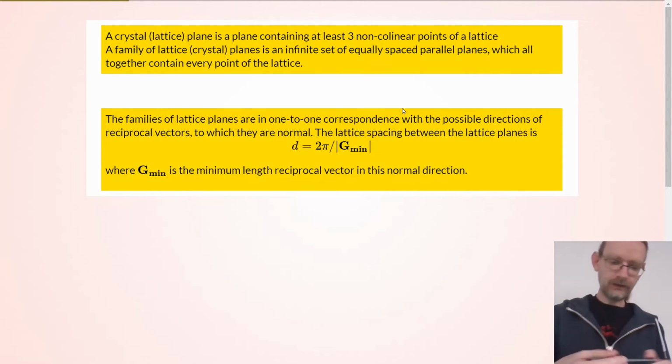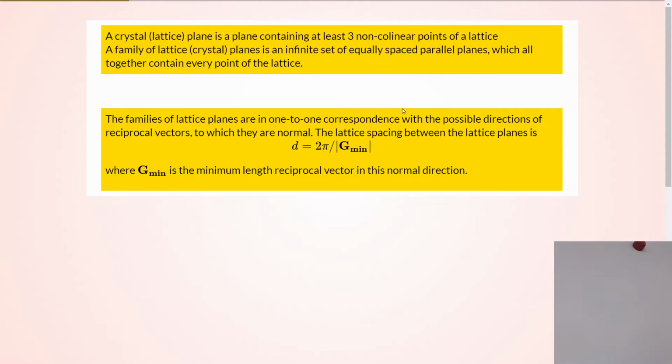So what we did at the end of last week, I think it was the end of last week, we did it last week anyway, was this expression, for the distance between the different planes as you turned the crystal round, that had a different orientation pointing upwards, and then you looked at the repeating pattern going along that direction.